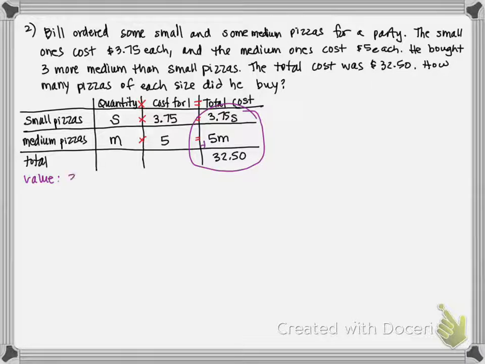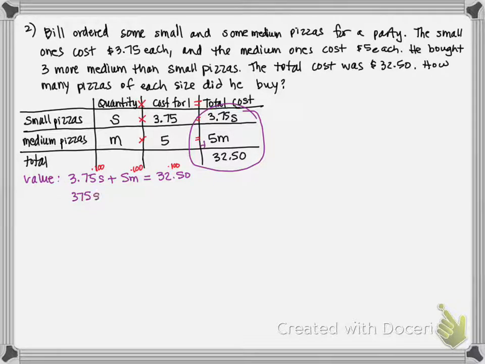So we get 3.75S plus 5M equals 32.50. So again, we don't like working with decimals, so we're going to eliminate them. It does give us bigger numbers, but it's easier to deal with.